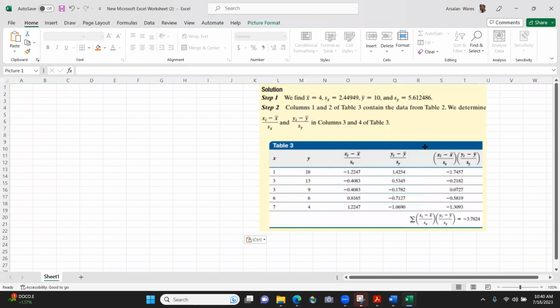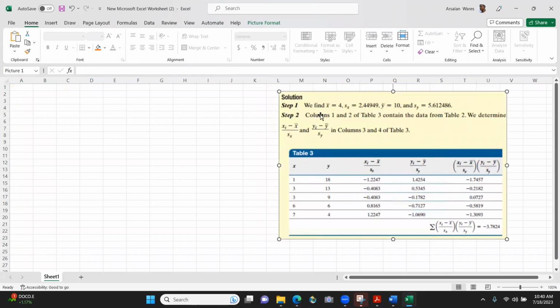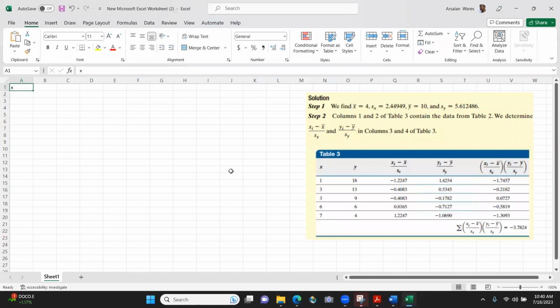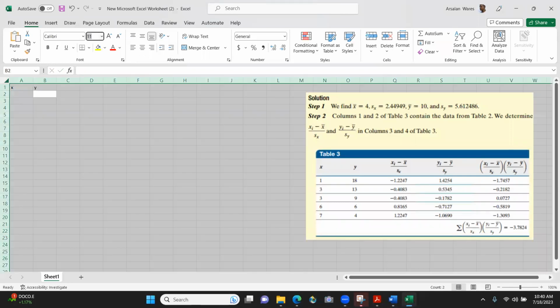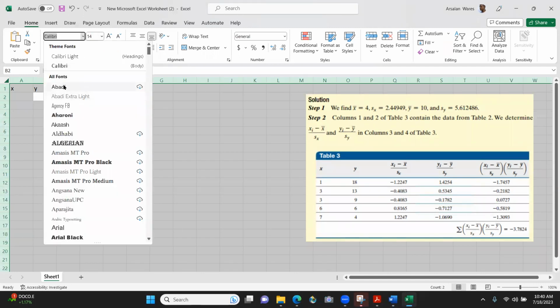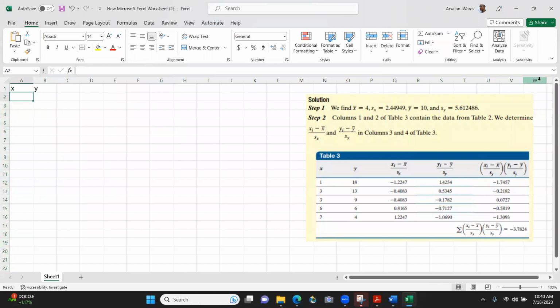X and Y, now they're giving us the mean and the variance. I'm just going to use them because I know you know how to find them, so I'm not going to waste our time. I'm going to call the variables X and Y, and I will try my best to enter the data without making any mistakes.